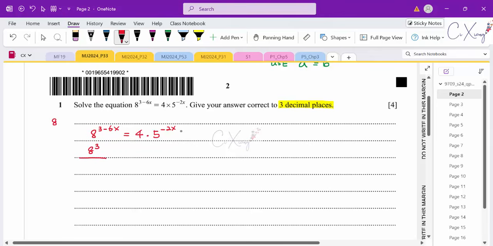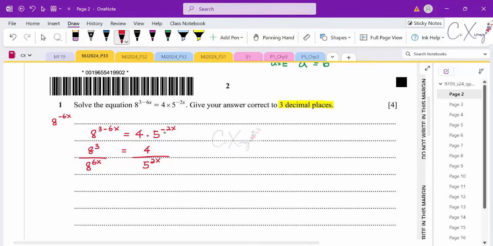Since 8 power negative 6x is a negative power, I can bring it down to become the denominator. So I have 8 power 3 divided by 8 power 6x, equals 4, a constant, which I just copy. For the 5 power negative, I also make it become the denominator, which is 5 power 2x. When you make it the denominator, the negative disappears.